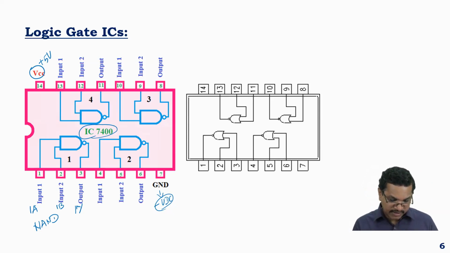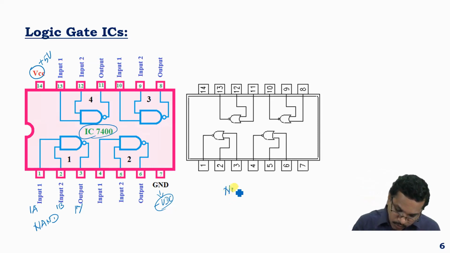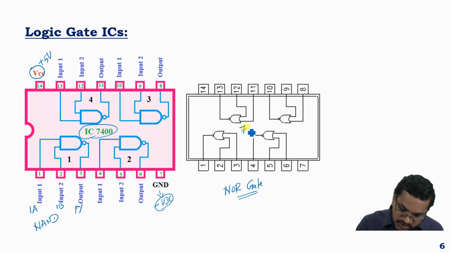And the next gate is the inverted version of the OR gate, which is NOR gate, negative of OR gate or inverted OR gate. 7402 is the IC number.